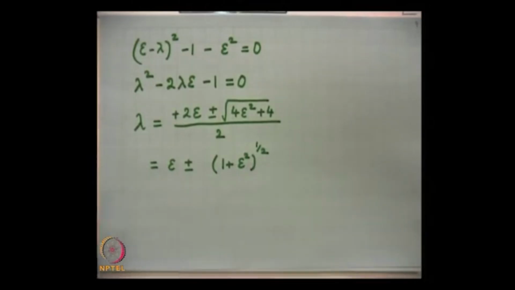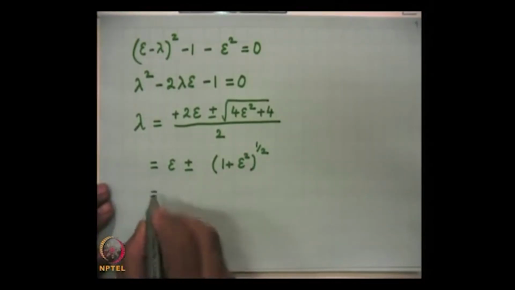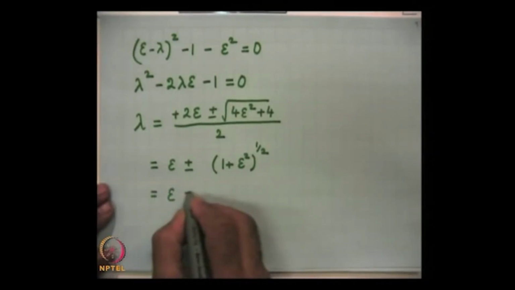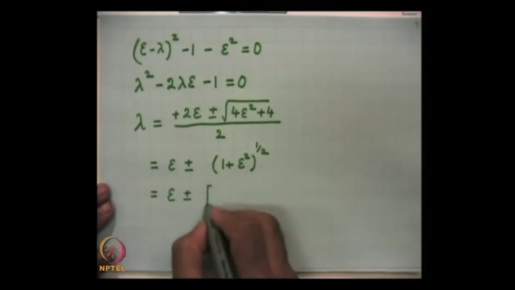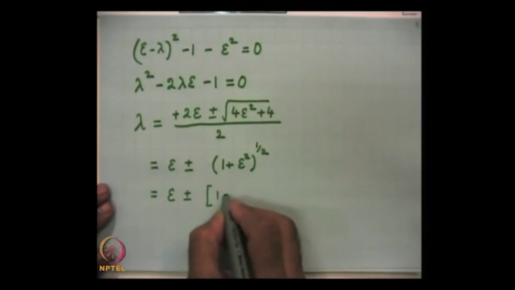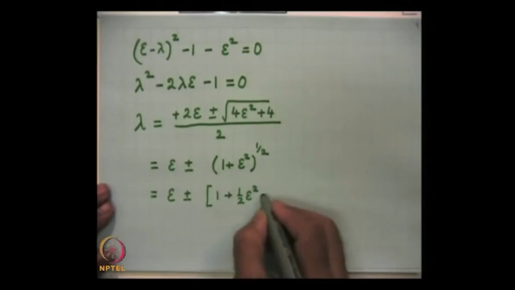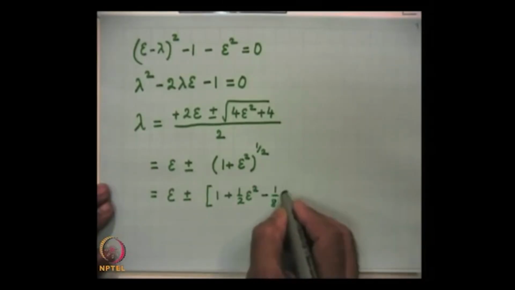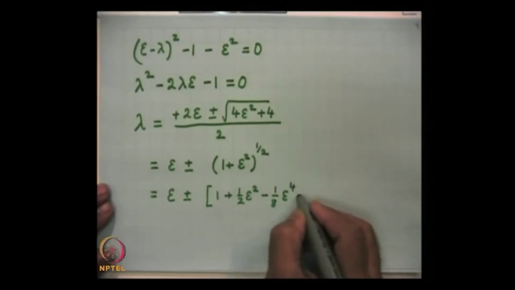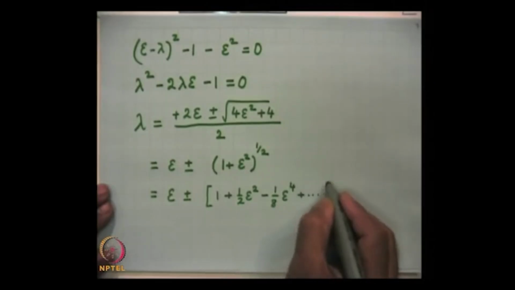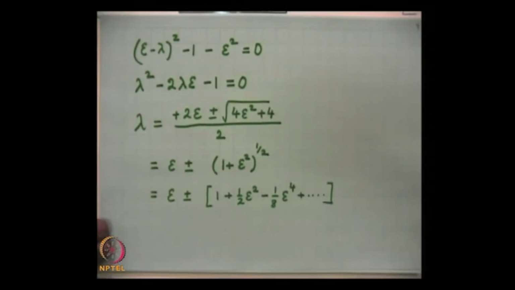So, assuming epsilon to be less than 1, we can make a binomial expansion. So, we get epsilon plus minus 1 plus half epsilon square minus 1 by 8 epsilon to the power of 4 plus so on, epsilon to the power of 6.